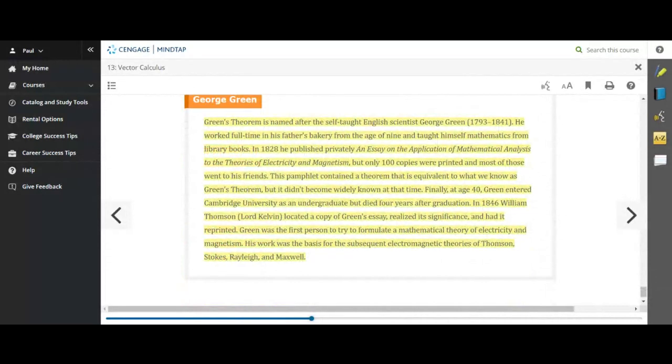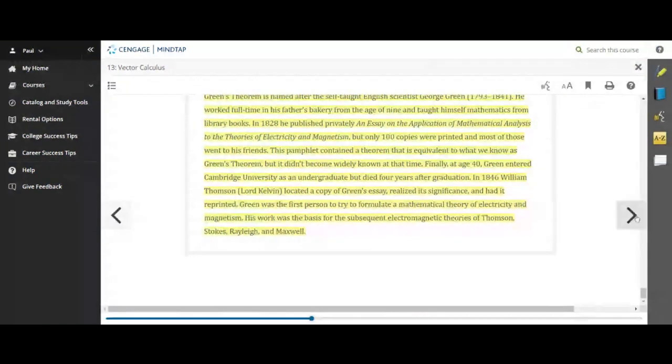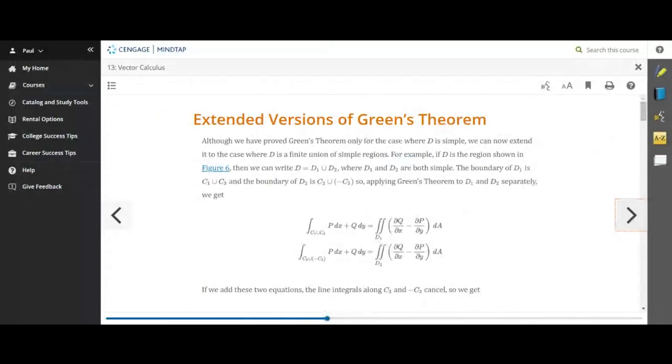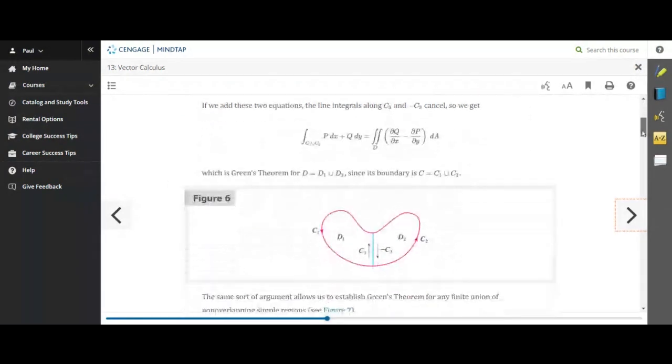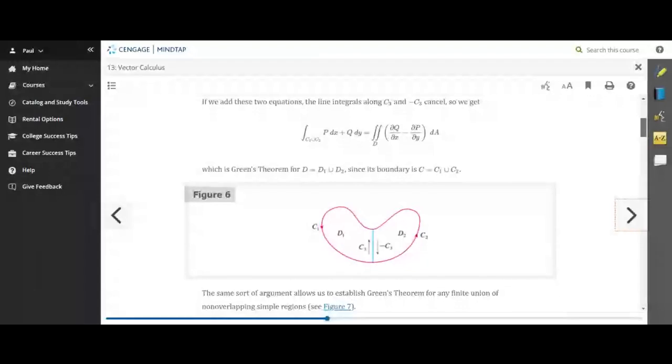Okay, so Green's theorem has extended versions as well. Green's theorem has extended versions. So let's take a look at figure 6.